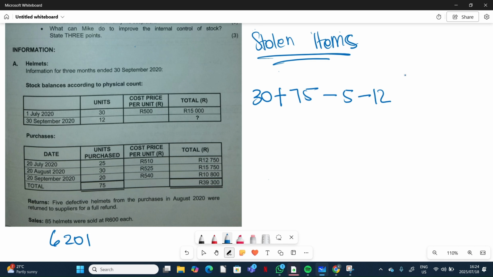And now we're also going to subtract the sales that we made. They said 85 helmets were sold, so we say 85 right there. Then if you do the maths, you would see that 3 units were stolen.